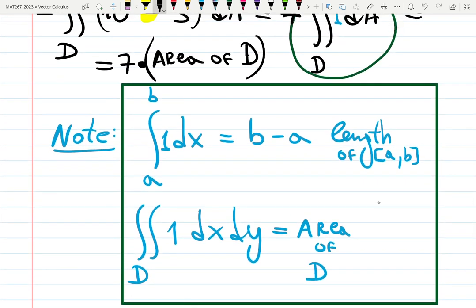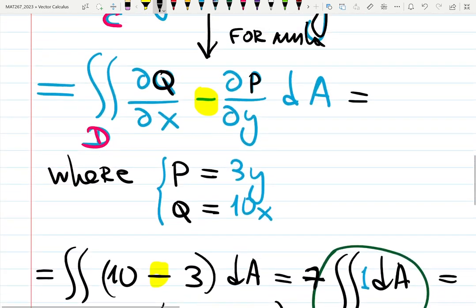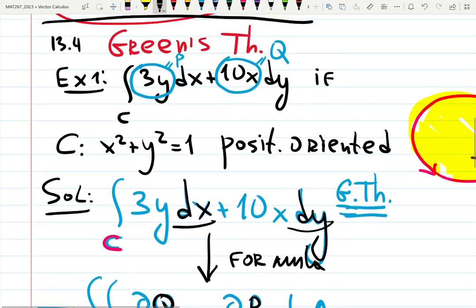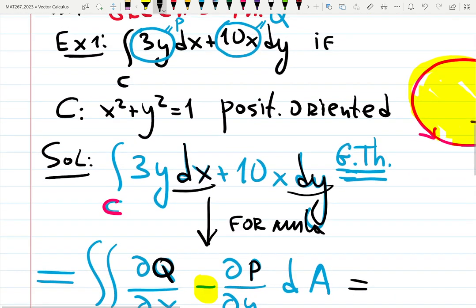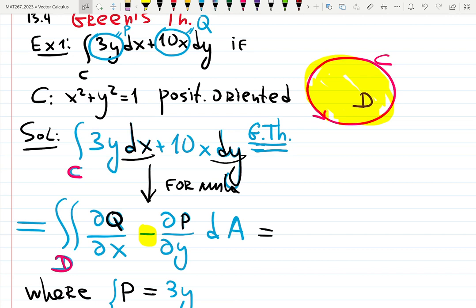What is the area of D? Let's go back and see what D is. Okay, C was given as a positively oriented circle. D is the area of the circle.